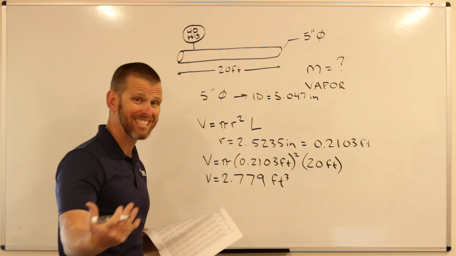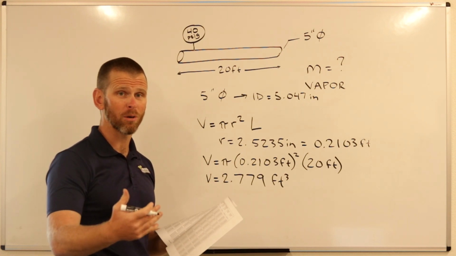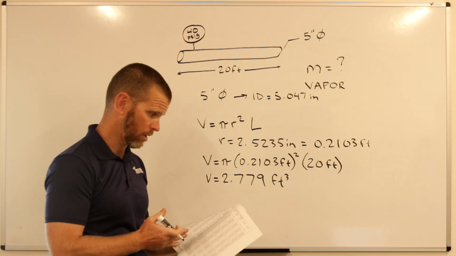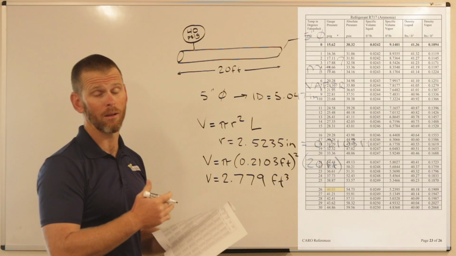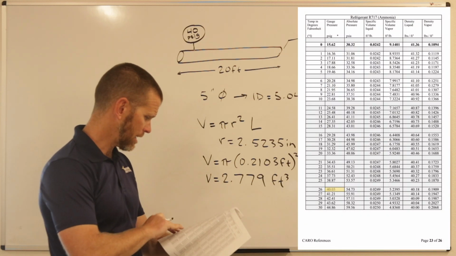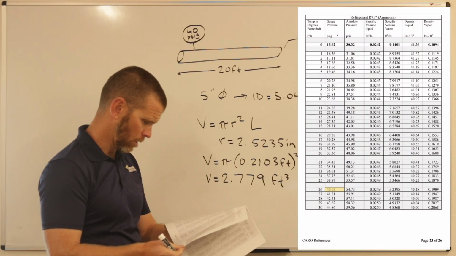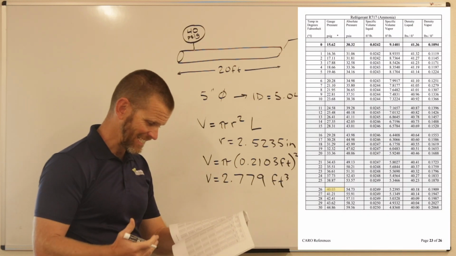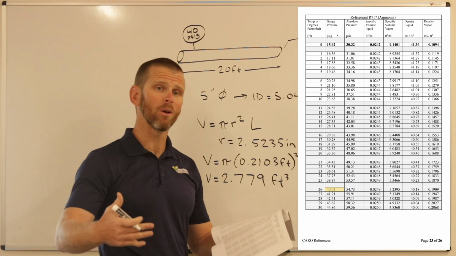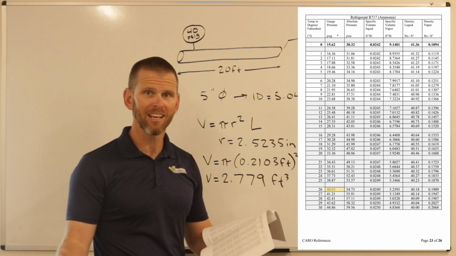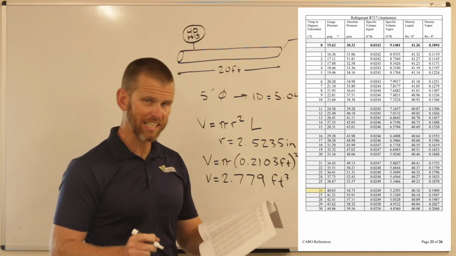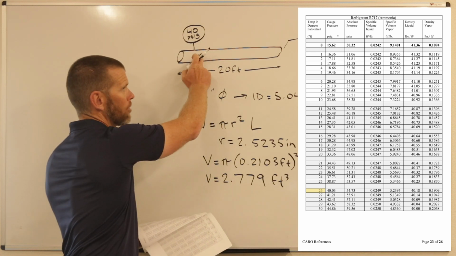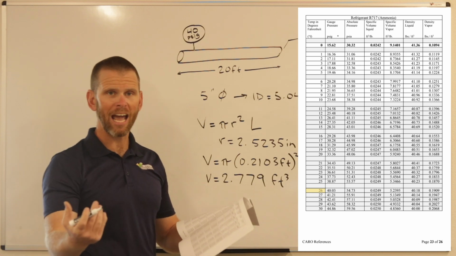But I wasn't given the temperature, I was given the pressure. So I'm gonna have to go to the second column, which is the gauge pressure, and find 40 PSIG. Okay, and as I do that, I don't see 40 exactly, but there is 40.03 PSIG. It's close enough, that's what I'm gonna go with. And that corresponds to 26 degrees Fahrenheit. So that would be the temperature of ammonia inside our pipe. We're not asked for that.